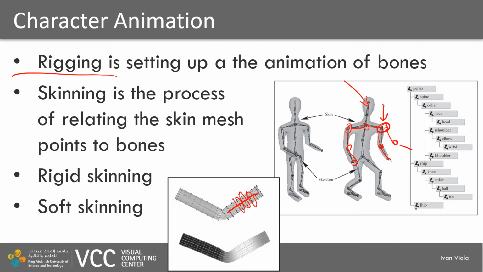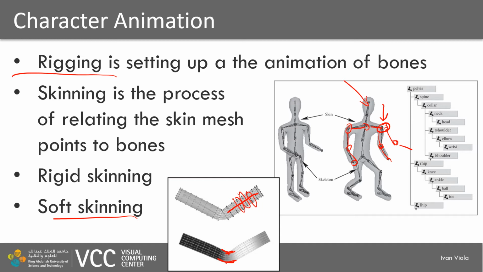This can be defined either through rigid skinning, or another approach is soft skinning, where there is no one bone which is acting upon a part of a skin, but there is also a transition between the two bones. For example, at the joint area, we will have a transition of which bone is sort of responsible for which part of the skin.